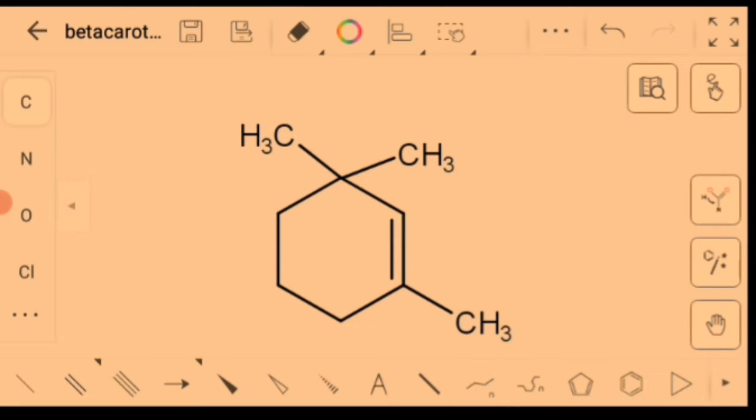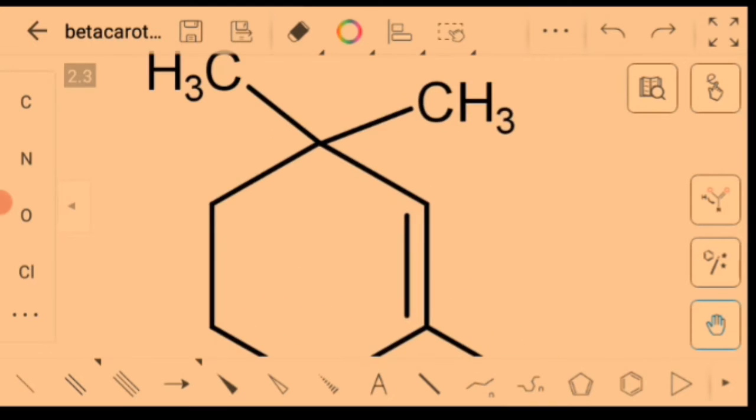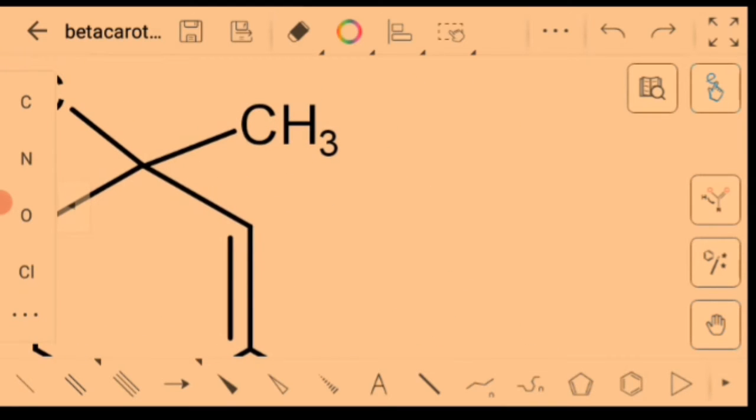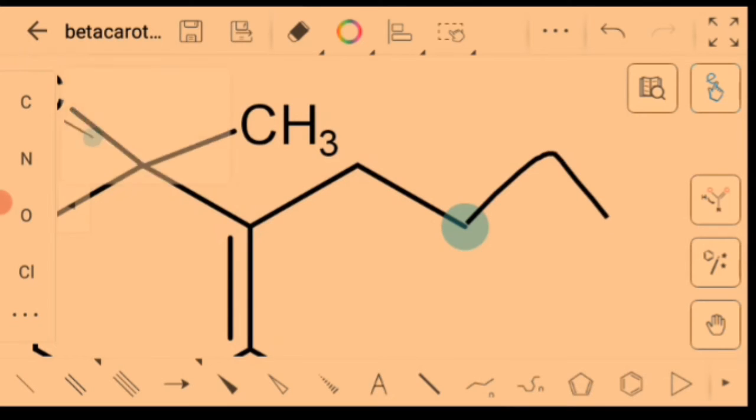So when it is there and it is intact, then you can begin to draw your polyprenoid chain, which is just a series of zigzag, zigzag, zigzag. That was not what was intended. You can only draw it, bring it close, give you something like this.